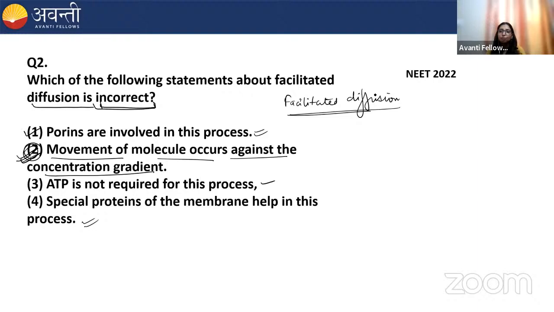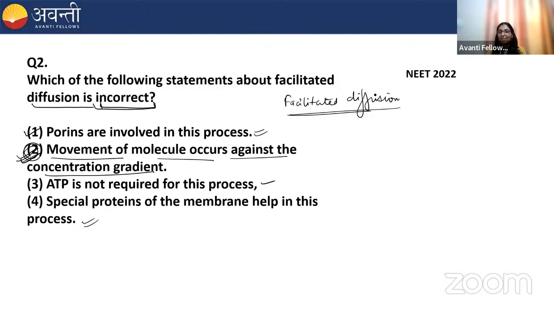In simple diffusion, what happens? The molecules which are lipid soluble can easily cross the membrane. They do not require any special protein. But what about the hydrophilic molecules or the polar molecules? Because the membrane is a phospholipid bilayer, right? These molecules cannot easily pass the membrane. So the movement of hydrophilic or polar molecules requires special proteins.